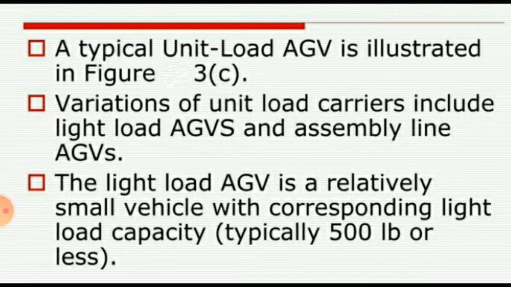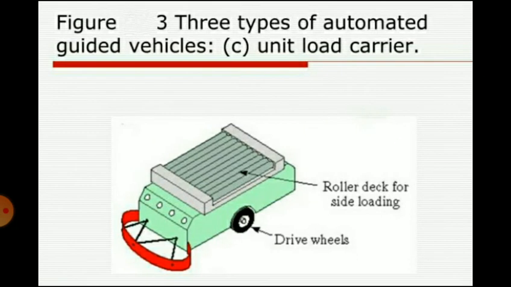An assembly line AGV is designed to carry a partially completed sub-assembly through a sequence of assembly workstations to build a product. So you can see the diagram of unit load carriers. There is a roller deck for side loading, and there are drive wheels that are shown for the unit load carrier.